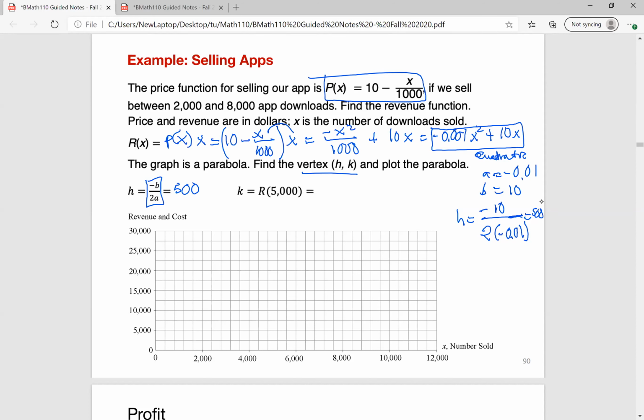Then for k, you're going to substitute into the revenue function.